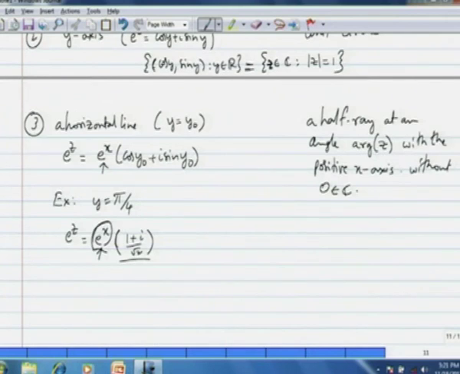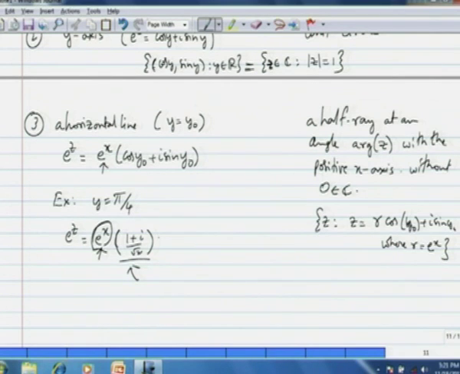Of course, I have given a set definition here as well. You can say it is the set of all z such that z equals r times (cosine y naught plus i sin y naught), where r equals e power x.